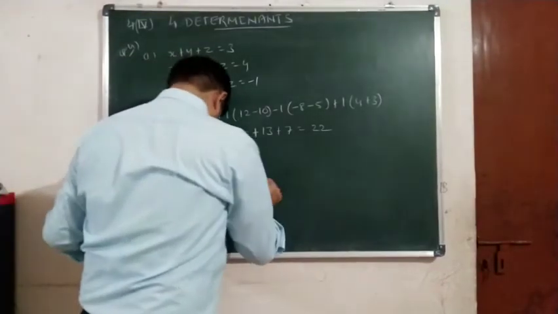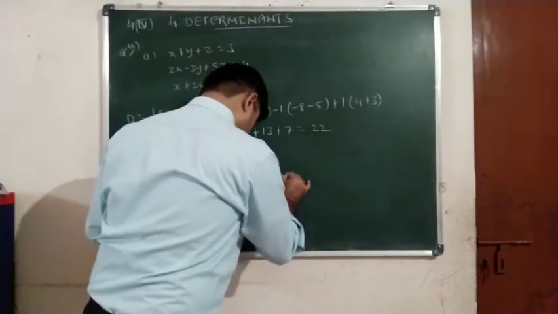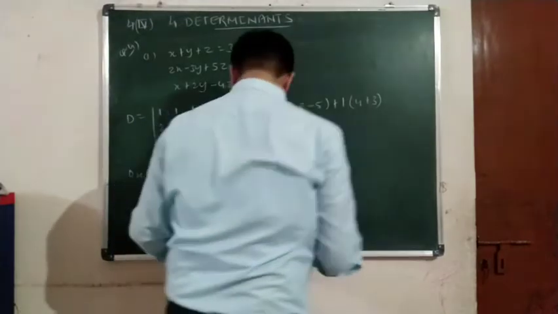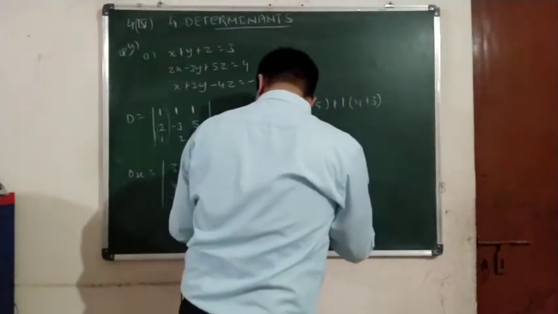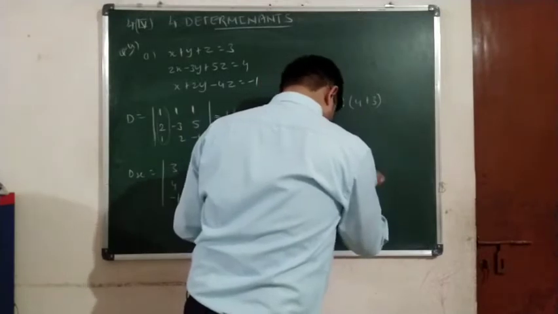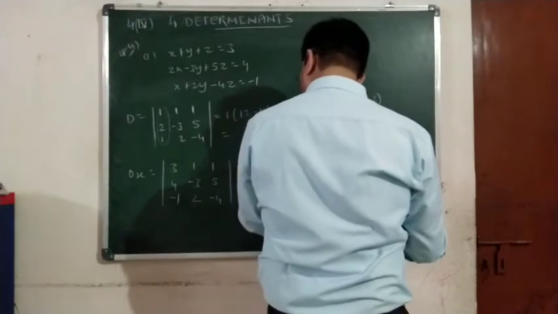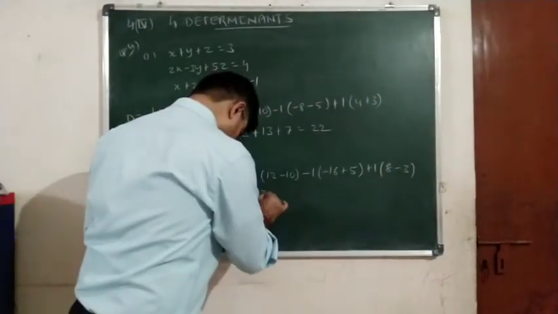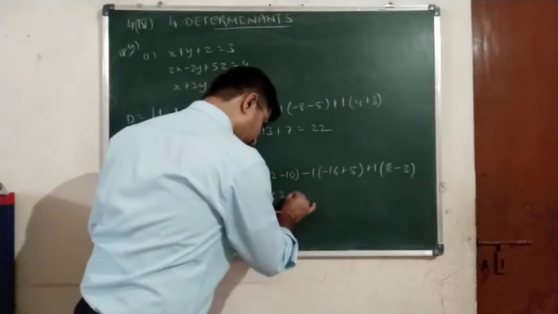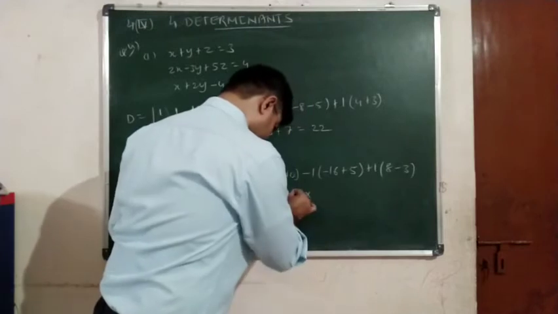Let us expand along the first row only. 3 into (12 minus 10) minus 1 into (4 minus 16 plus 5) and plus 1 into (8 minus 3).